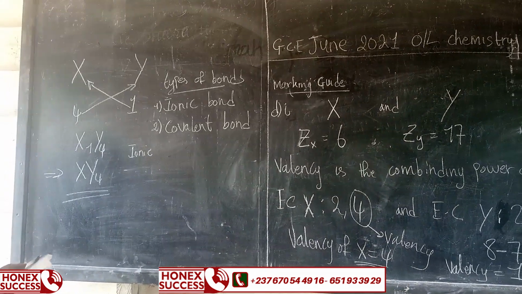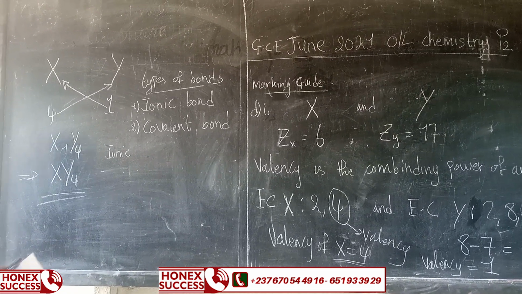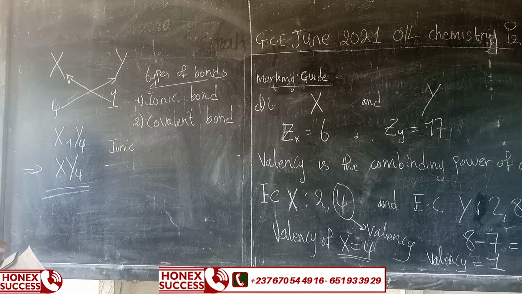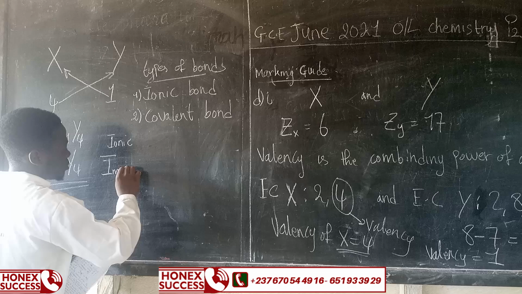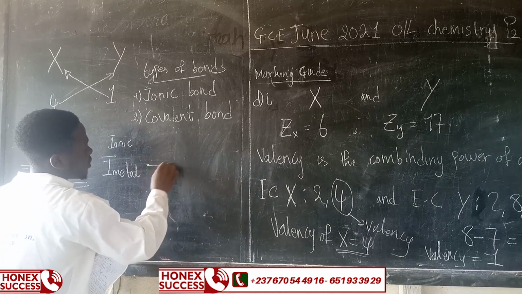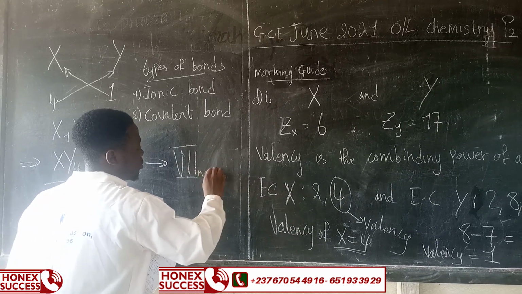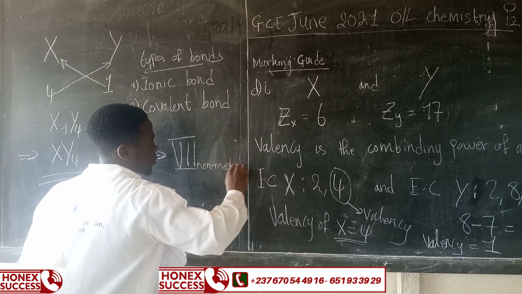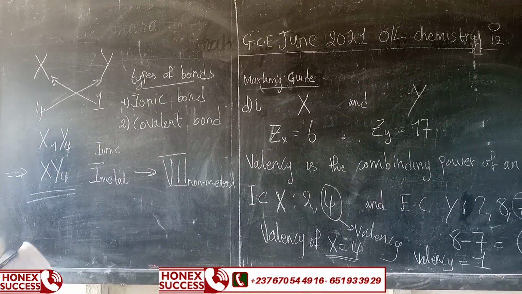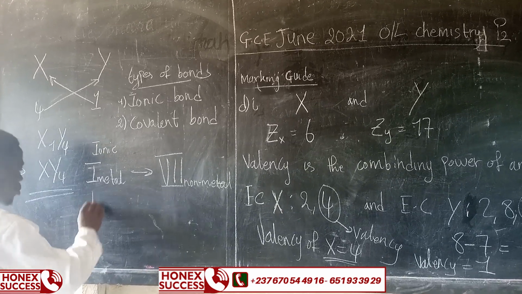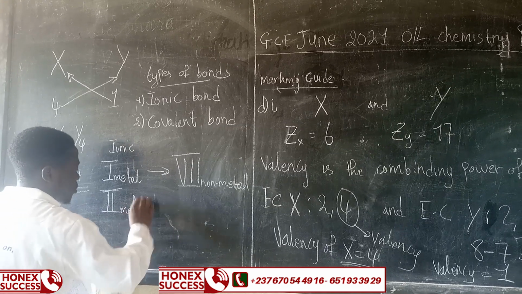Now for an ionic bond, what happens is that you either find a group 1 metal transferring electrons to a group 7 non-metal. This is the first case, and in the second case, you find a group 2 metal transferring electrons to a group 6 non-metal.